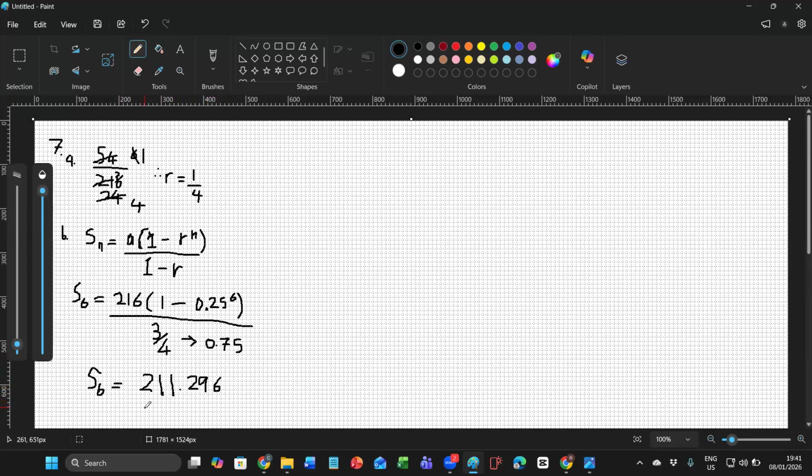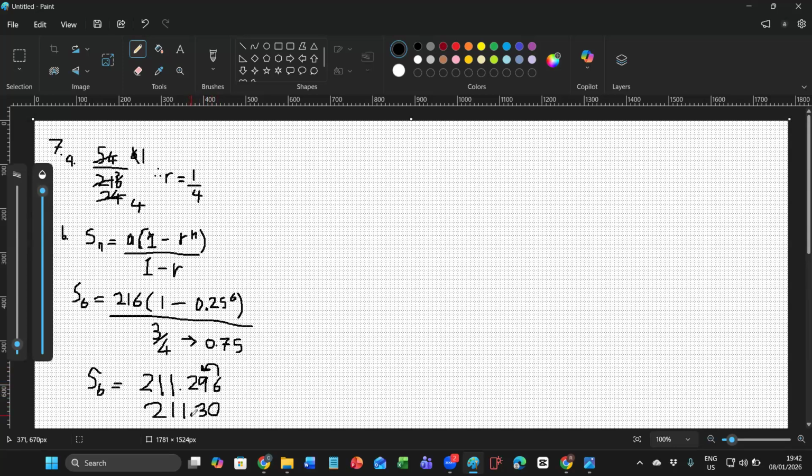Because of the 9, the 6 will turn 9 into 10 because it's more than 5. Once 9 becomes 10, it will now affect 2, and 2 will become 3.